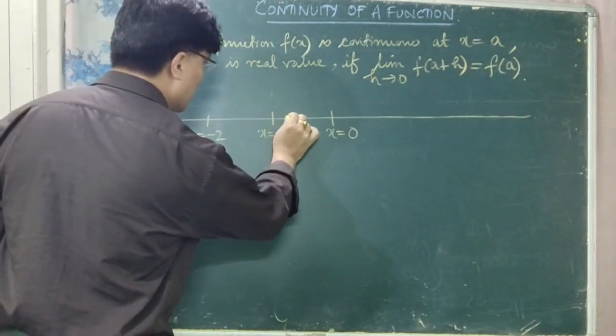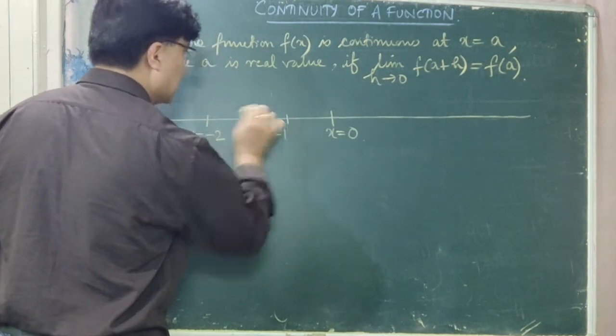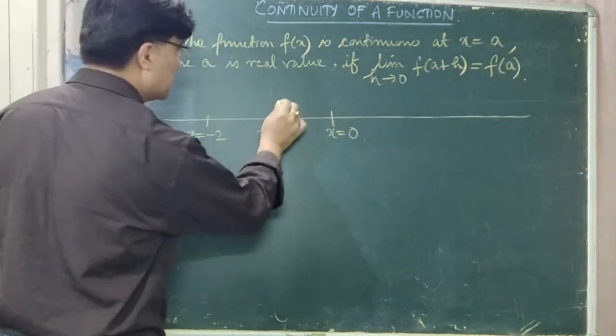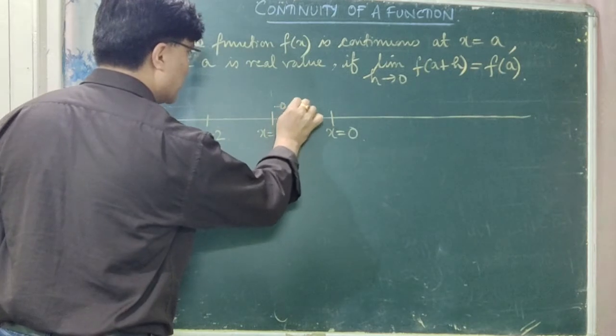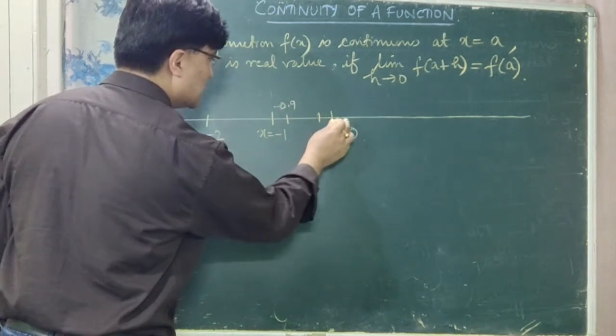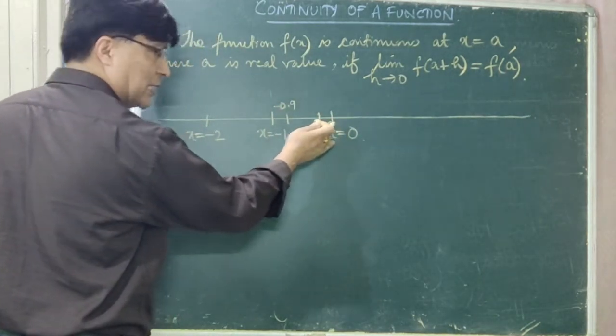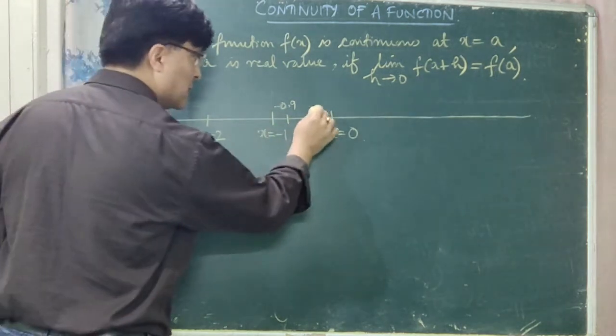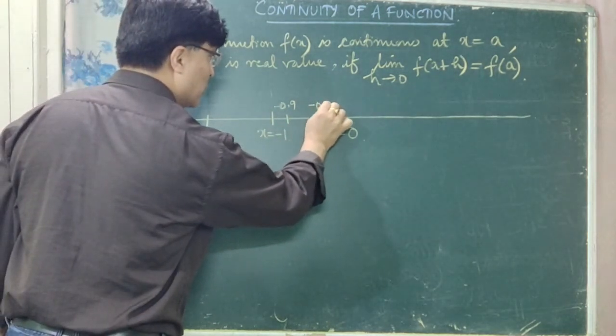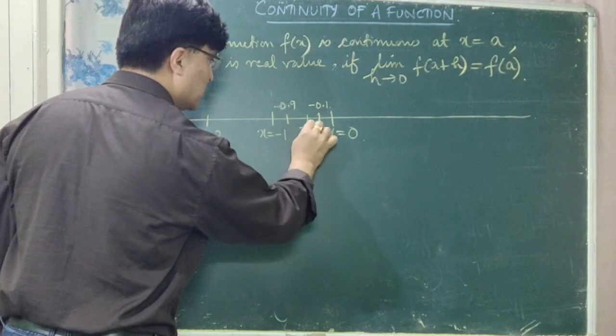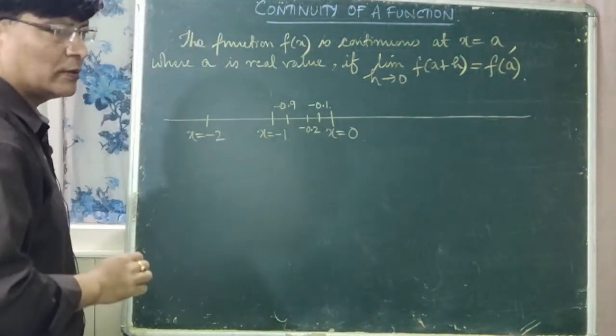Now when you come this side, it becomes -0.9. When you come this side, after x is equal to 0 on the left side, it will be -0.1, it will be -0.2 and so on.